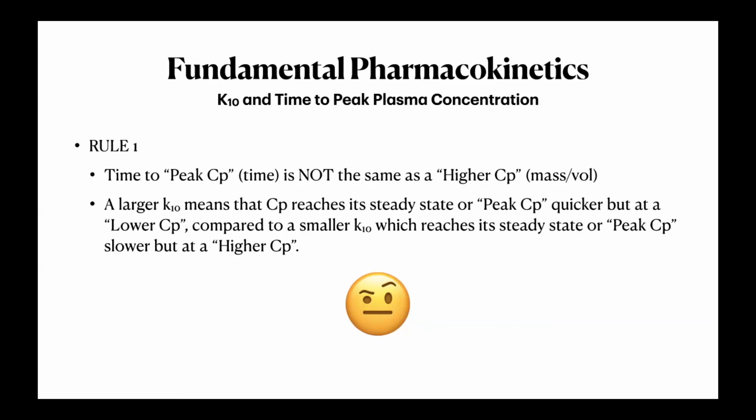In other words, a larger K10 or elimination rate constant means that the plasma concentration reaches its steady state or peak plasma concentration quicker, but at a lower plasma concentration, compared to a smaller elimination rate constant, which reaches its steady state or peak plasma concentration slower, but at a higher plasma concentration.